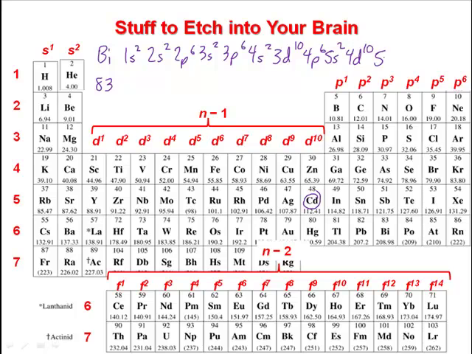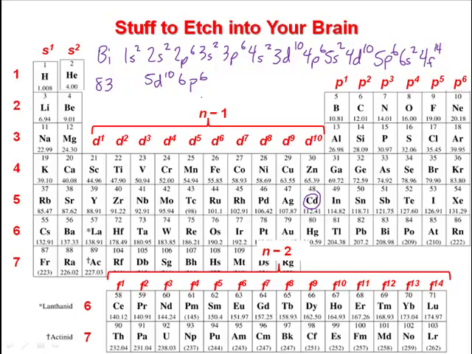So after that comes 5p6. 6s2. 4f14, very good. What comes after the 4f14? 5D10, and then the 6p6.